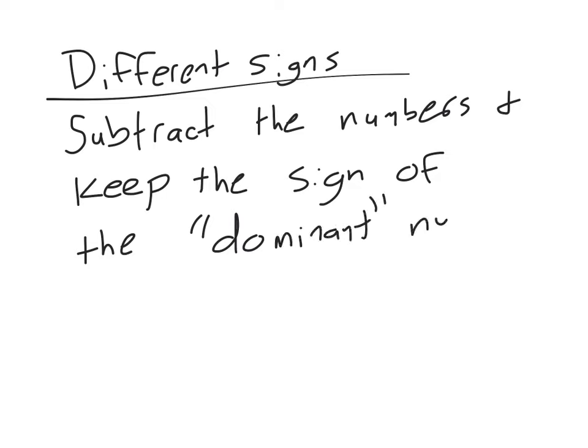All right? And I used to say larger all the way up till today. Y'all had one of your classmates who said keep the sign of the dominant number. And I really like that better than I like larger number.